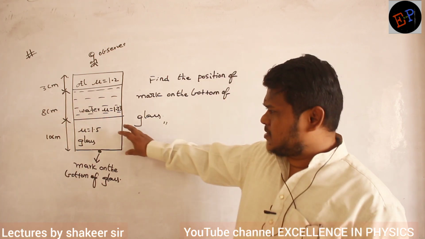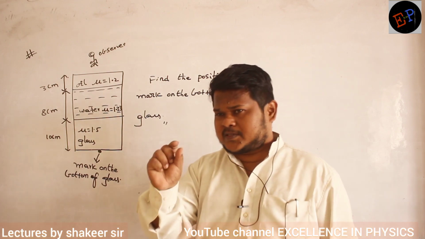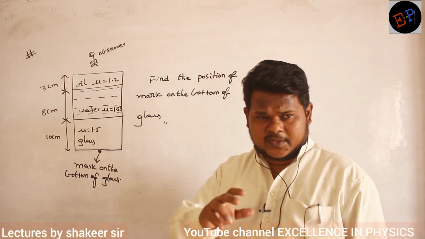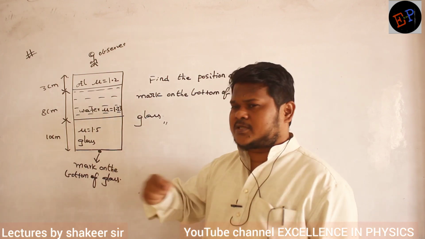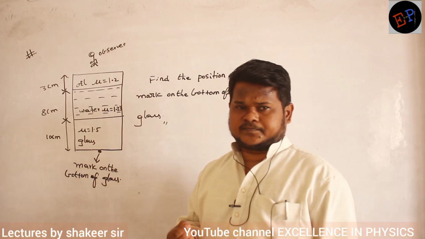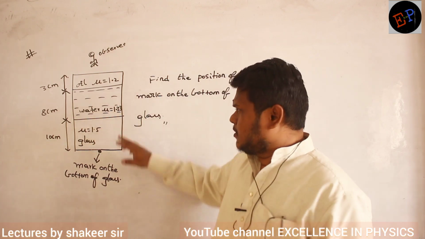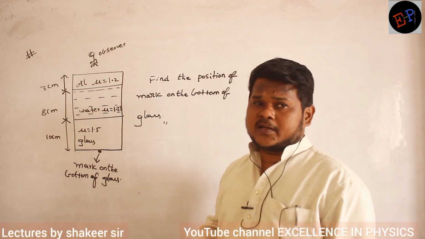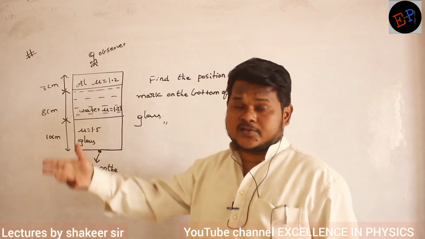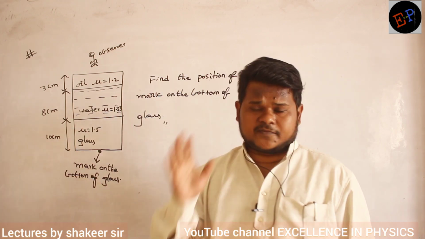Very simple. Because of glass, there will be some apparent shift. Because of glass, the position of the mark will rise a bit higher. Because of water also, there will be some apparent shift, and because of oil also, there will be some apparent shift.